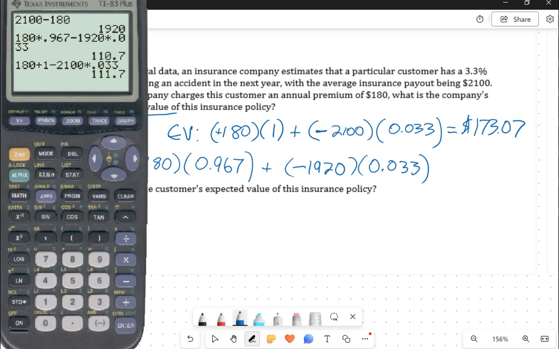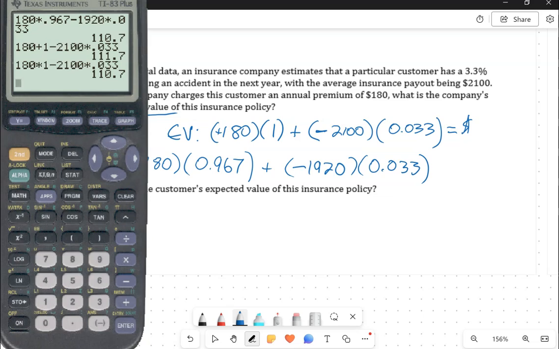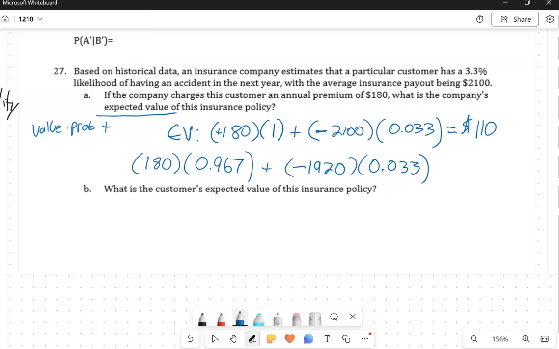Through 3, 2100. Oh, no, that time I didn't do a times. Sorry. I'm being sloppy. I don't know where I got this 173. I must have just fat fingered it. Oh, thank you. Yep, someone caught it. 110.7.